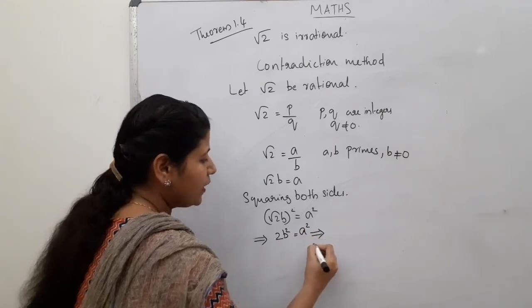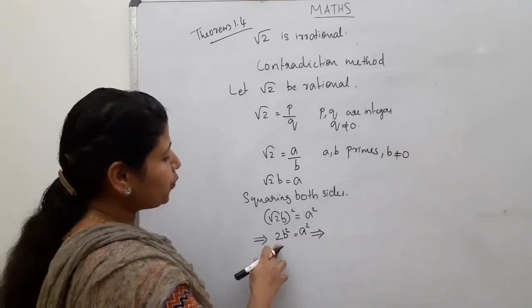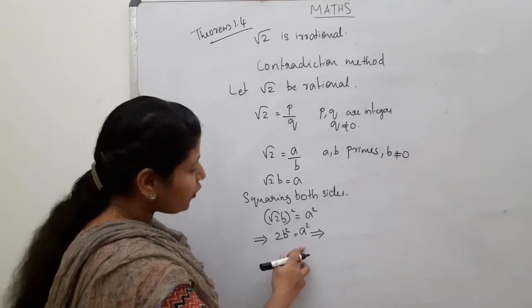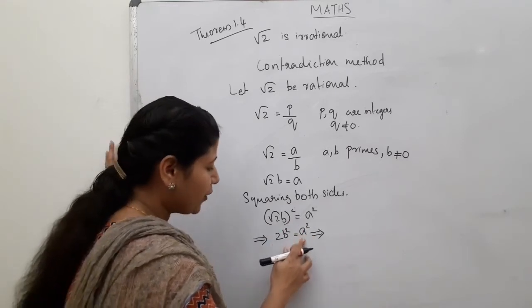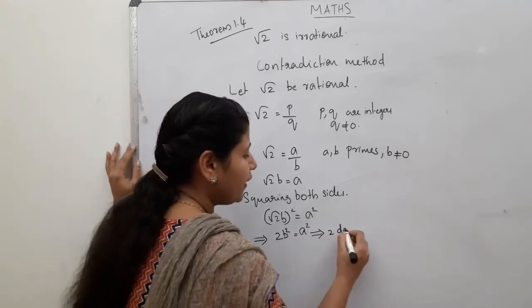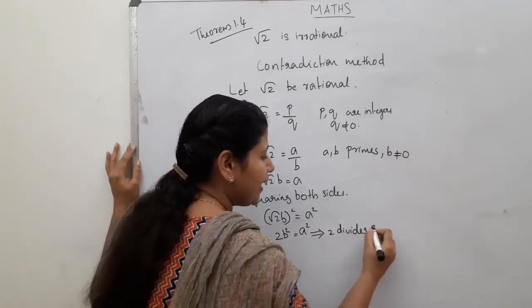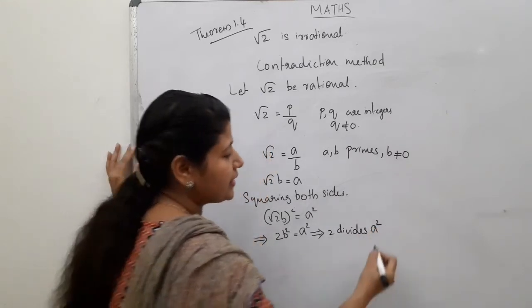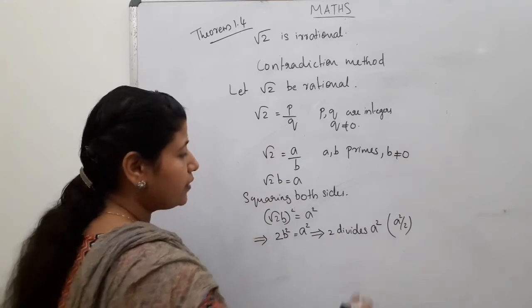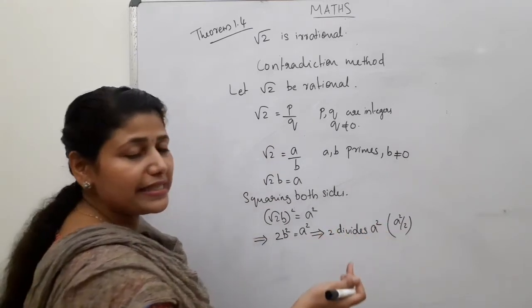The product of 2 and B square is A square, so we can say that A square has a factor 2. That is, 2 divides A square. A square by 2 is possible, so we can say that 2 divides A square.